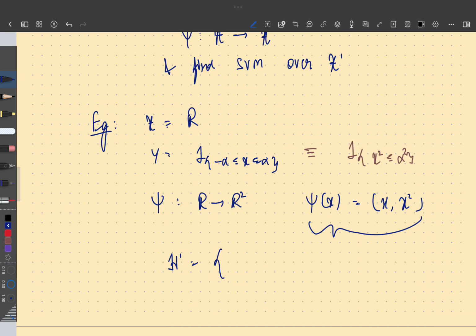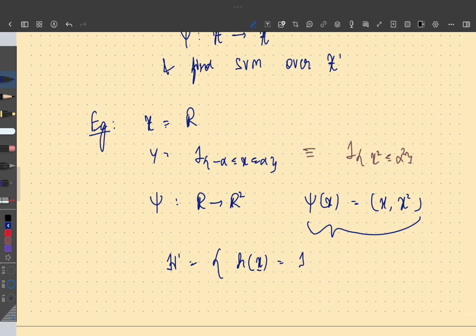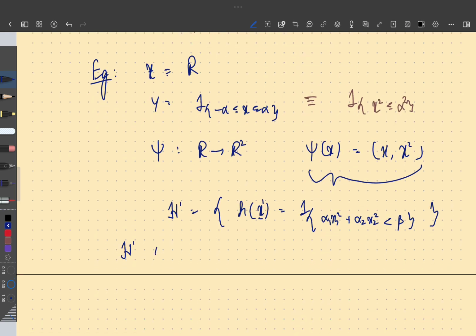So you consider a new hypothesis class. Once again, we are only looking at linear classifiers, except that I have this embedding first, and then a linear classifier over this higher dimensional space.